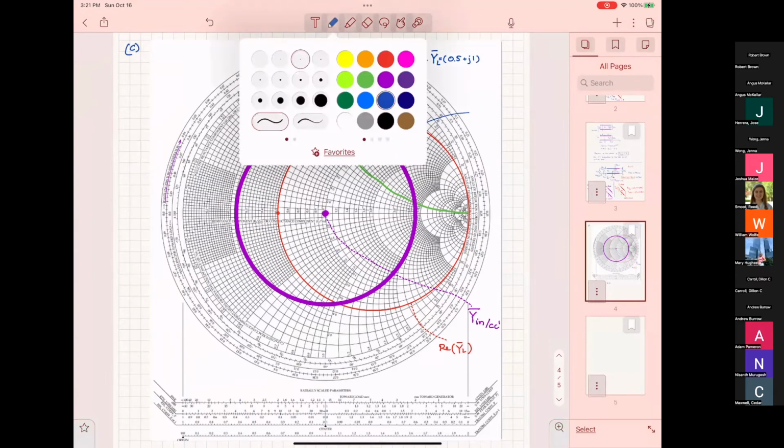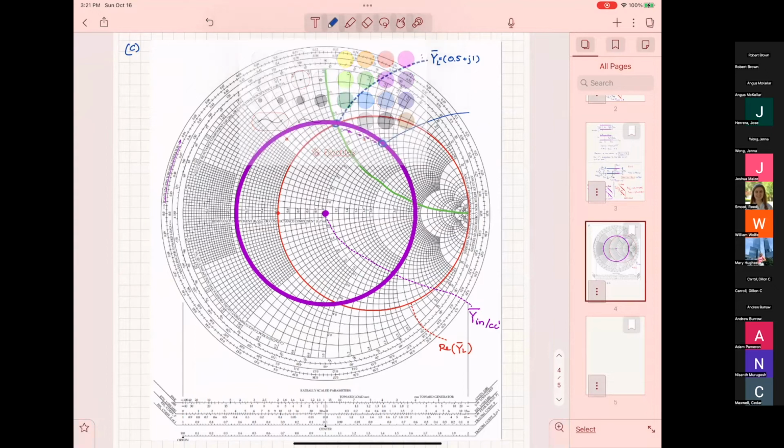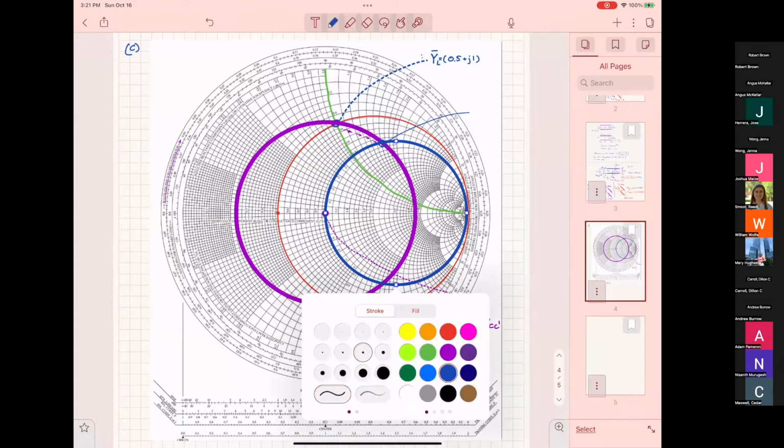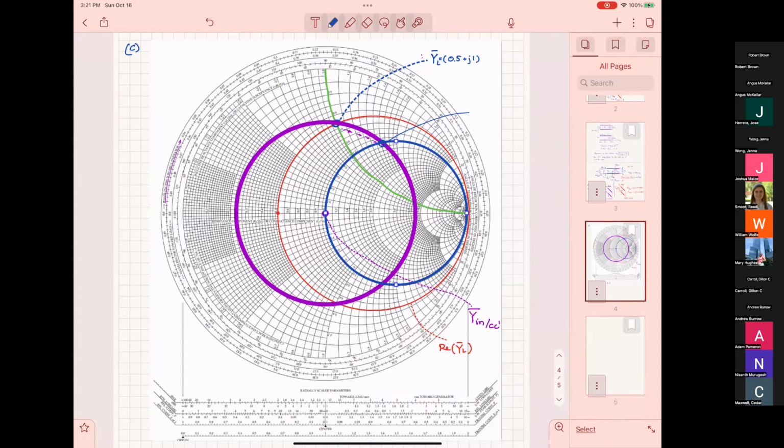I need to be on this circle. This is the circle where all the points have a normalized real part of 1. I make it a little thinner. So I'm going to be on this circle.